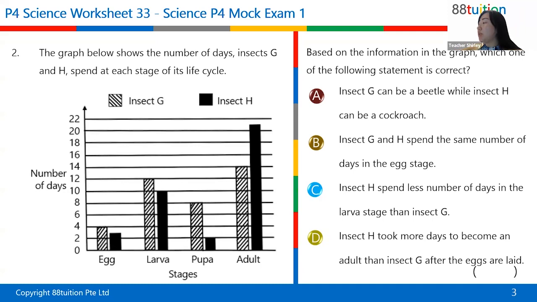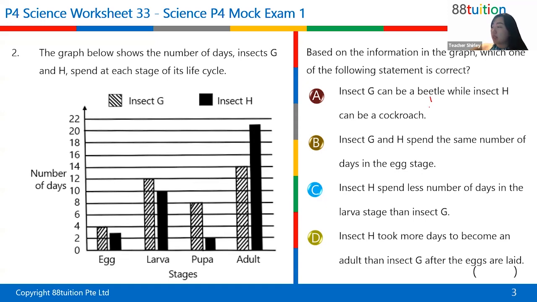Based on the information in the graph, which one of the following statements is correct? Anybody? Can insect G be a beetle?